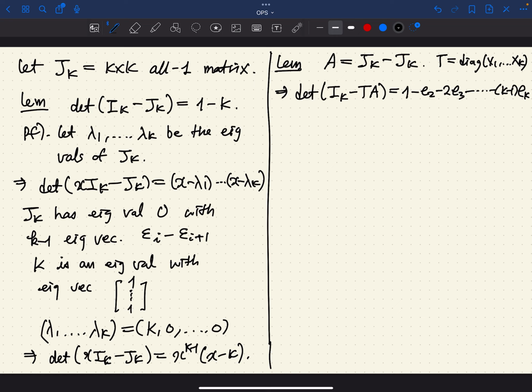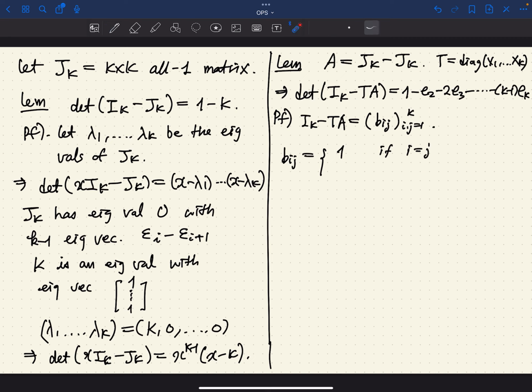Okay, let's prove this. First of all, I_k minus TA, if we write the ij entry as b_ij, then b_ij is what? If i is equal to j, this is 1, and otherwise, oh yeah, that's right.